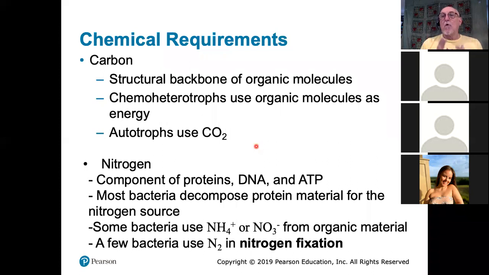All organisms also require a constant input of different elements. And for a start, the most important one of all is carbon, because all life on Earth is carbon-based. All of our macromolecules depend upon a backbone of carbon.